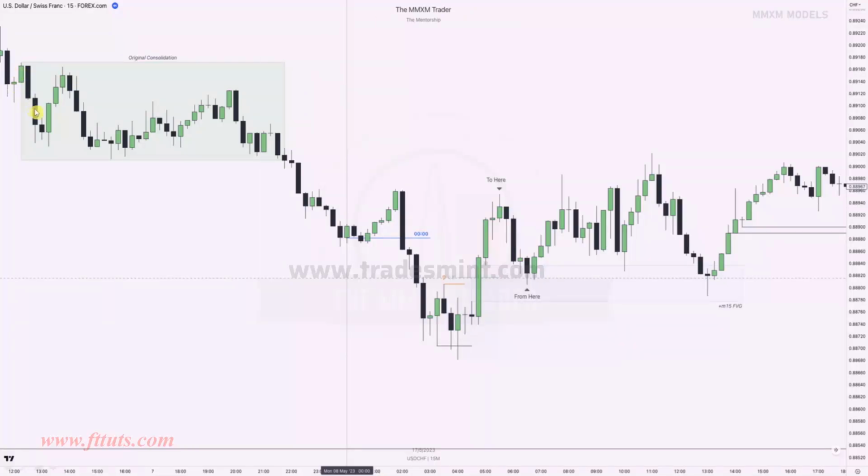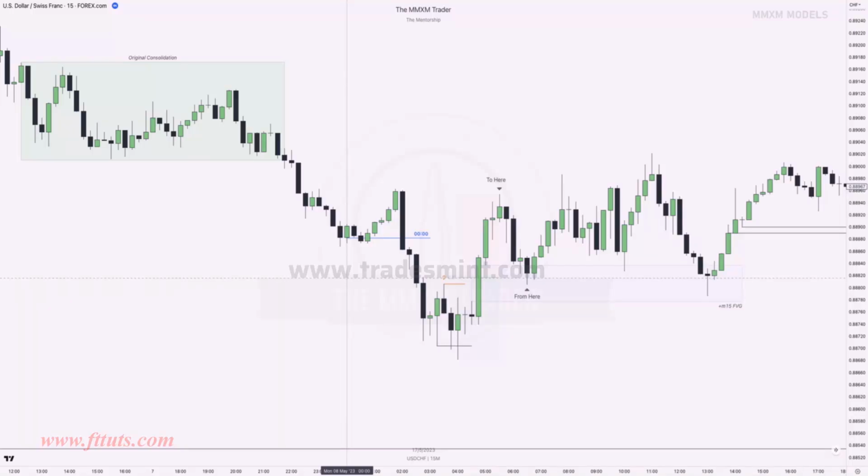And we know this is a 15-minute market maker buy model, right? But from here to here, this retracement is a form of a market maker buy model, right? Because we're hitting a higher time frame PD array, and the higher time frame in this case is the 15-minute time frame. It's all fractal, so if we dive into the 1 minute, then the 15-minute is a higher time frame, right?